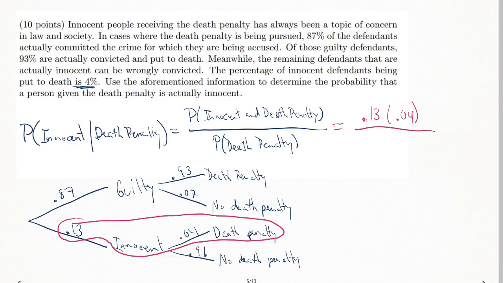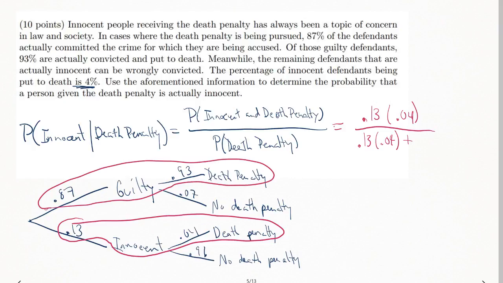Now on the other side of the fence, we want death penalty. What's that probability? Well, notice innocent and death penalty is a part of the death penalty scenario. But then we want to also add in another scenario, the guilty and the death penalty. Right? And so the guilty and the death penalty gives us 0.87 times 0.93. Okay?